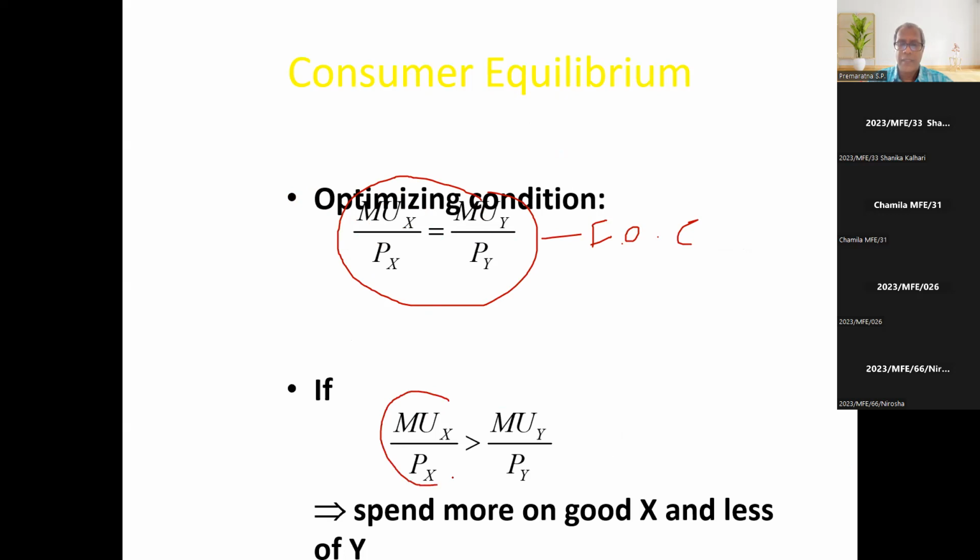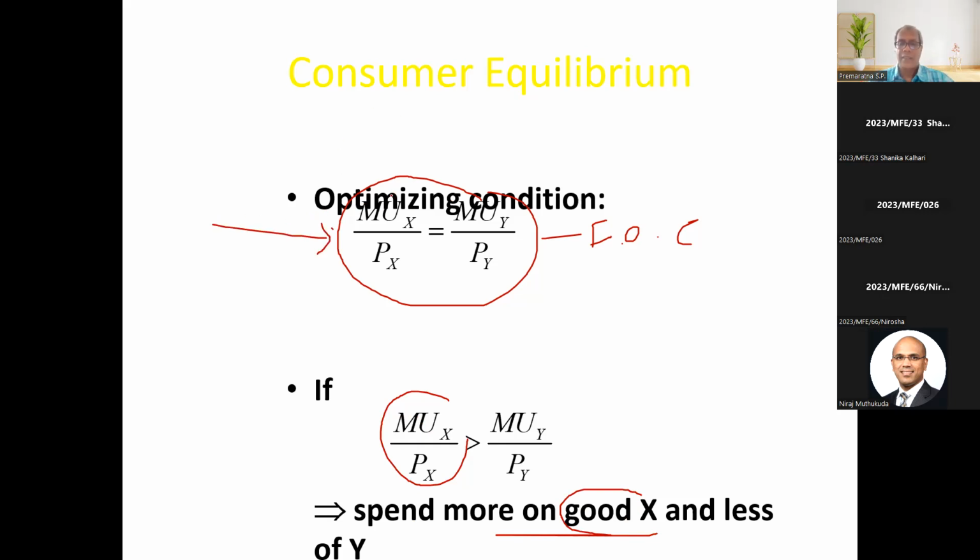If this condition is not satisfied, then consumers buy more of X and less of Y, and automatically adjust to this condition. For all goods and services, the marginal utility per dollar is equal. If the number of goods is N, this also goes up to N. So that's the important condition.